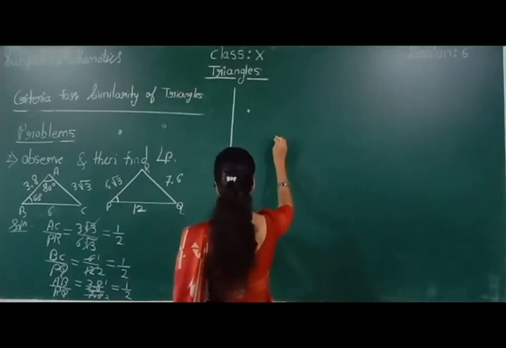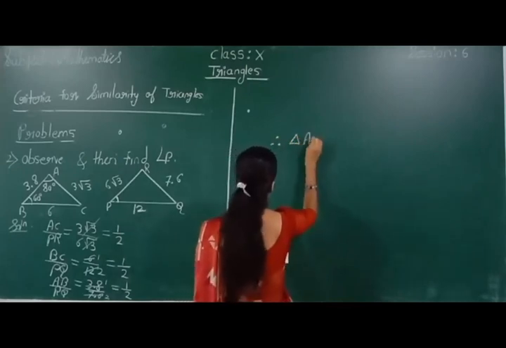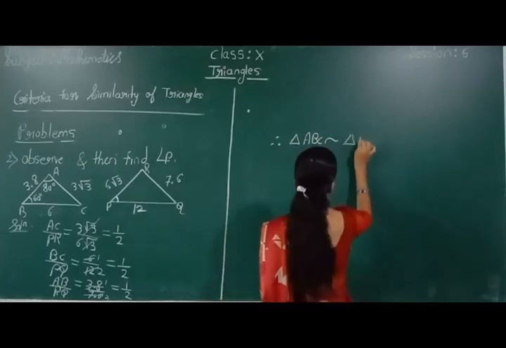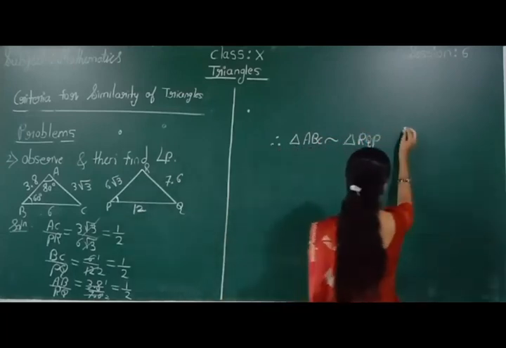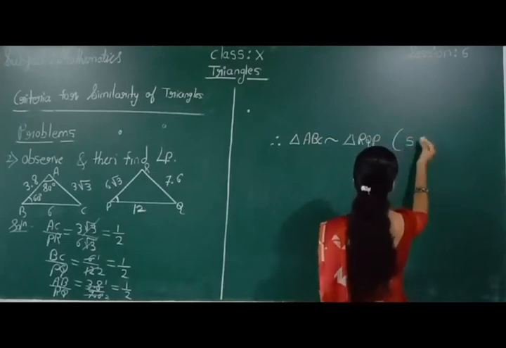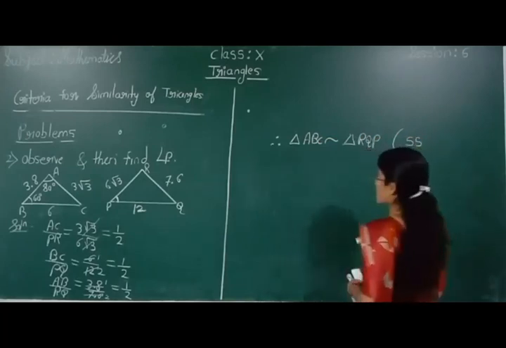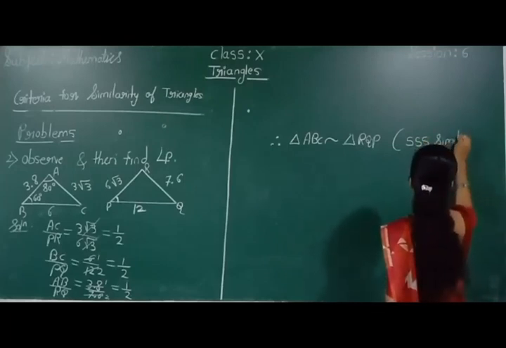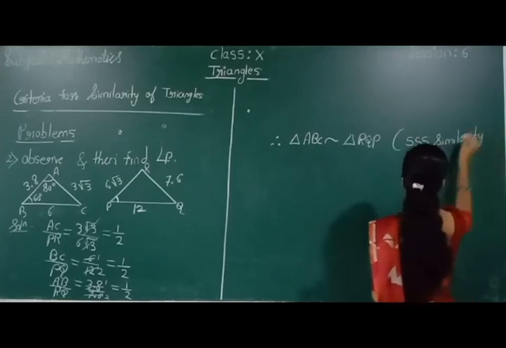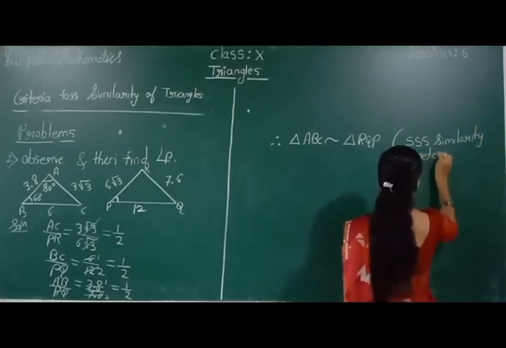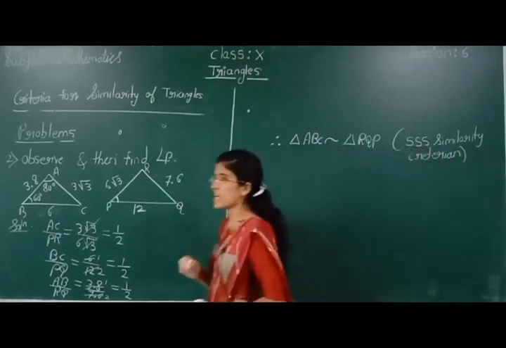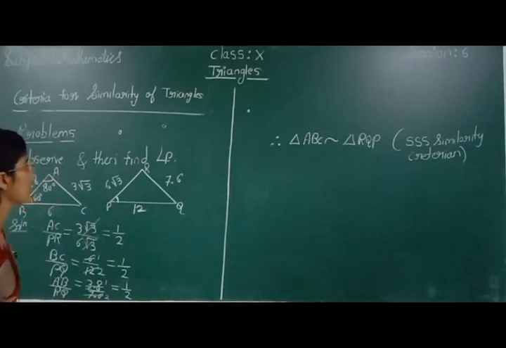Therefore triangle ABC is similar to triangle RQP. By which postulate? By which criterion of similarity? By SSS similarity criterion. Now see student, by SSS similarity criterion, these two triangles are similar.